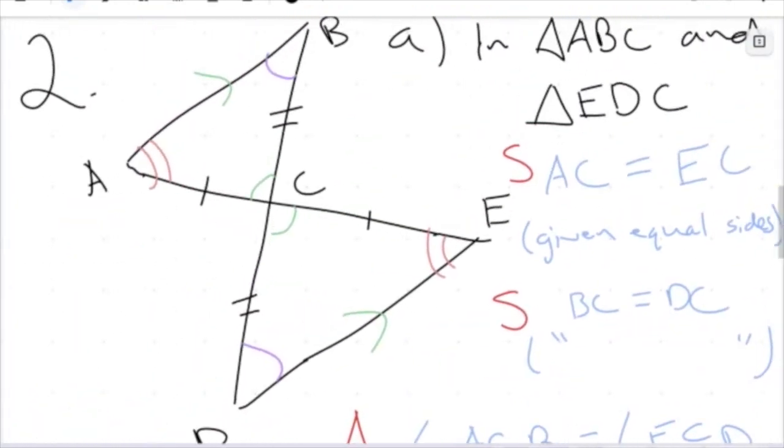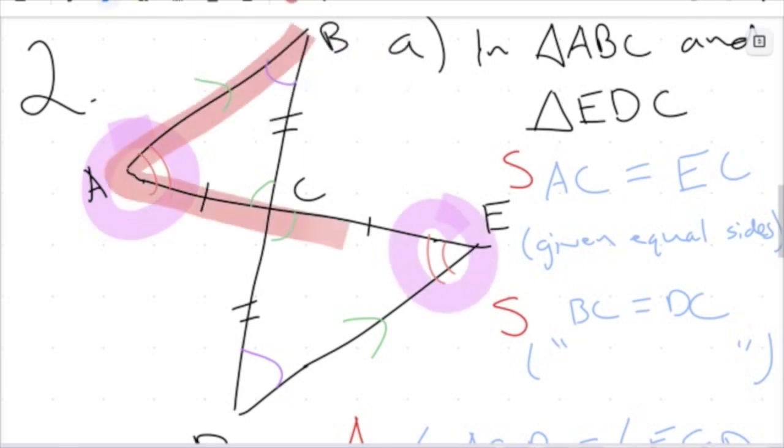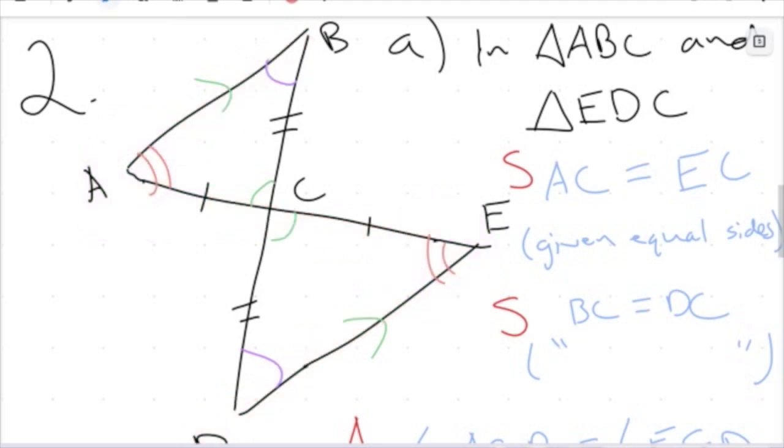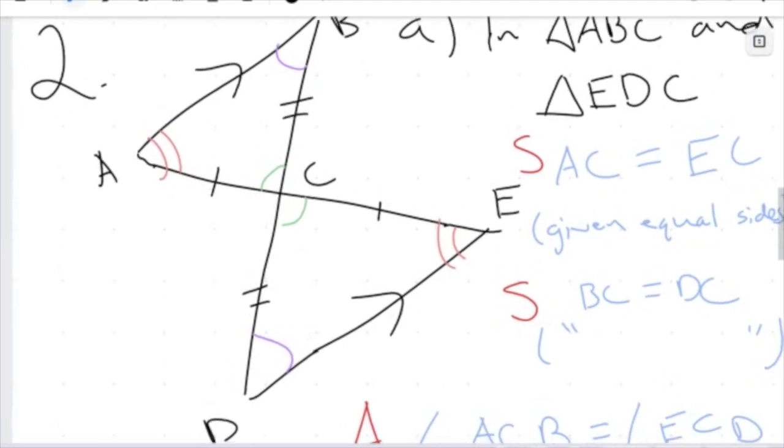So in other words, because this angle is equal to this one, inside my little Z here, these are an example of alternate angles, and alternate angles only occur when AB is parallel to DE.